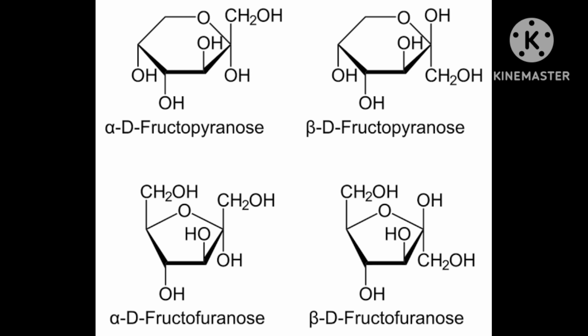Now, the carbon joined at carbon number 2 with CH2OH is carbon 1, and the CH2OH joined at carbon number 5 is carbon 6. Then with carbon number 2 and carbon number 5, CH2OH is there, and both are outside.